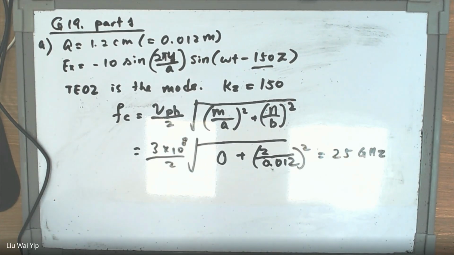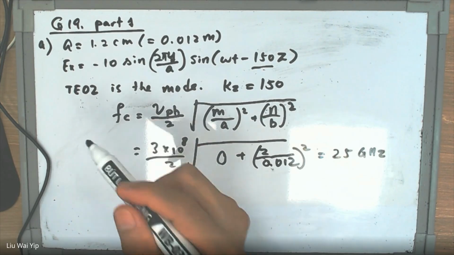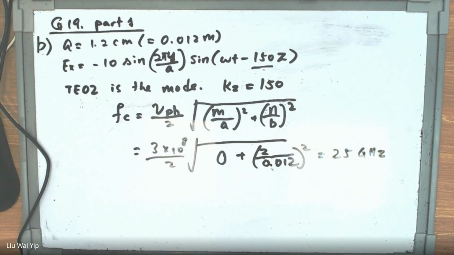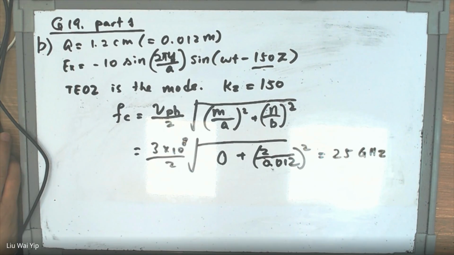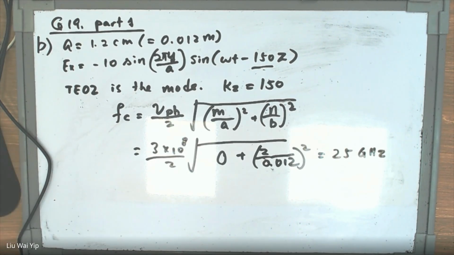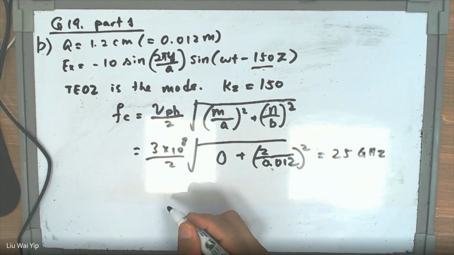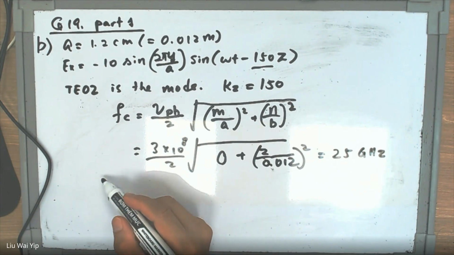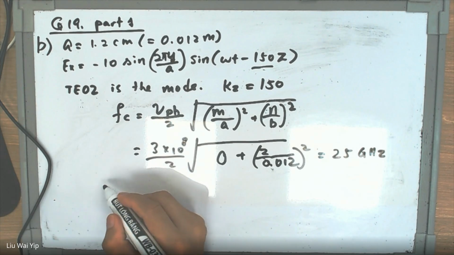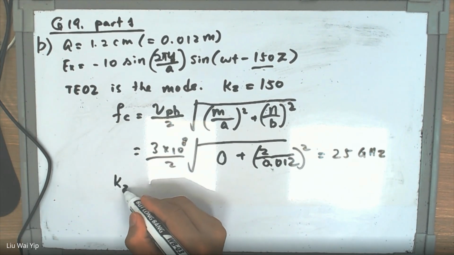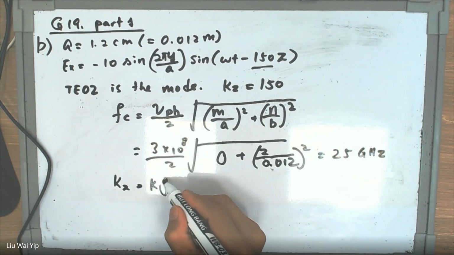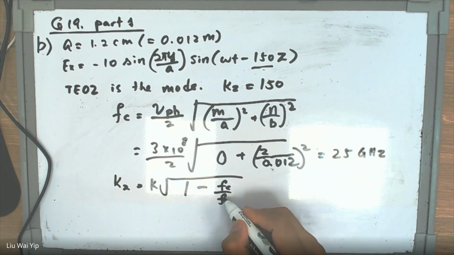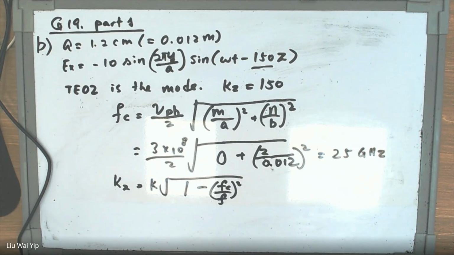So now the second part of the question. The second part is to calculate the frequency of operation. It's very simple work. You just need to know kz. So kz is equal to k times the square root of 1 minus (fc over f) squared, and f is the frequency you need.